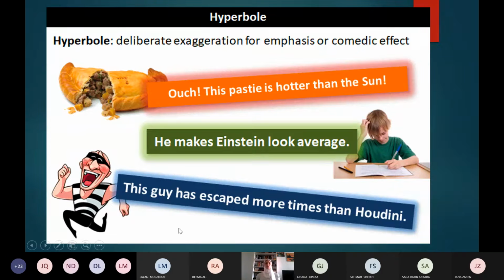So this guy has escaped more times than Houdini. It means exaggerating. Hyperbole is to exaggerate the event. Hyperbole, say it girls, hyperbole. It's exaggerating the events. Are you with me?